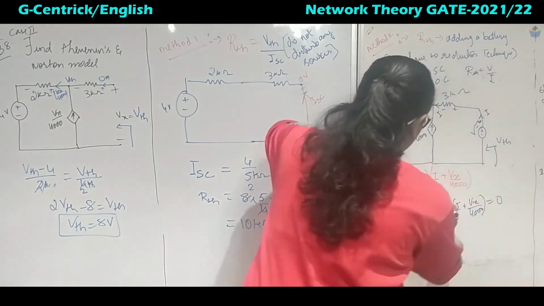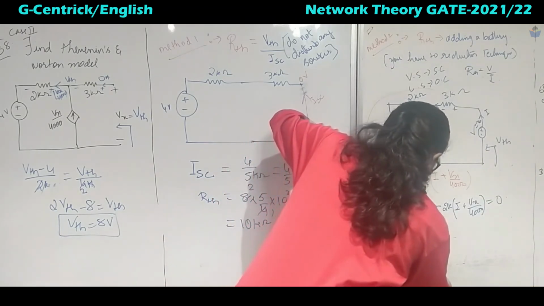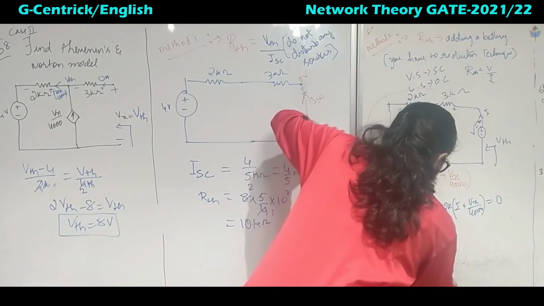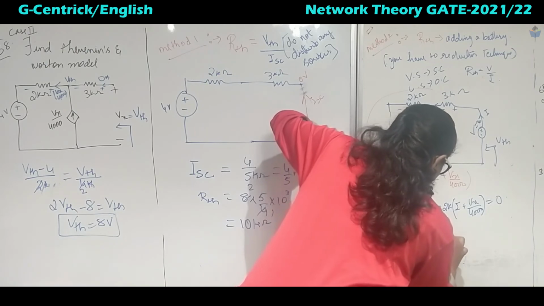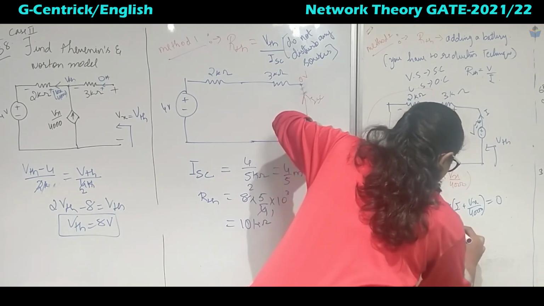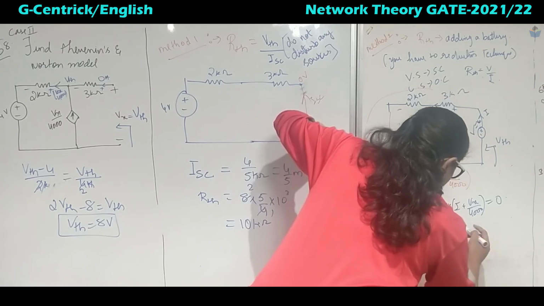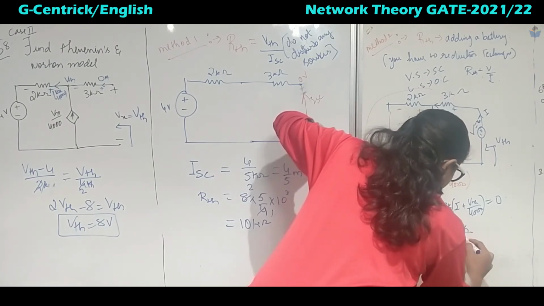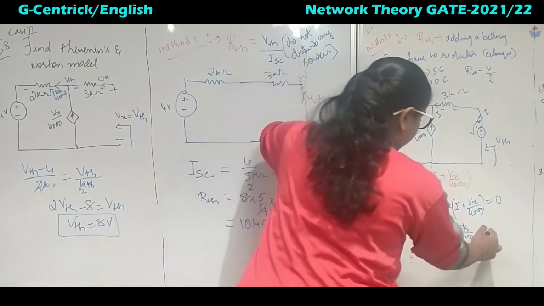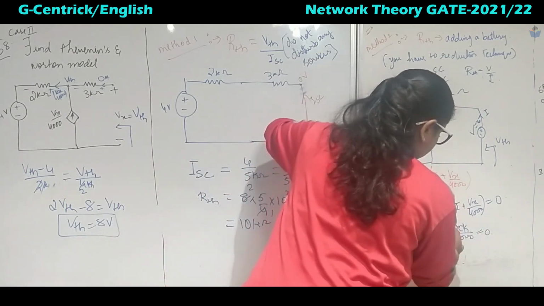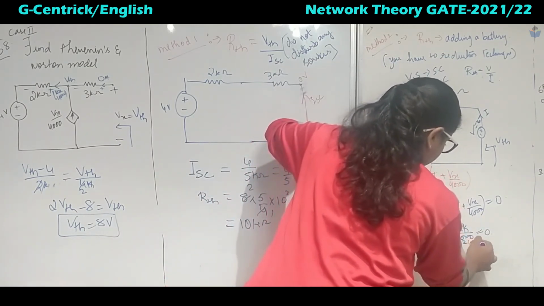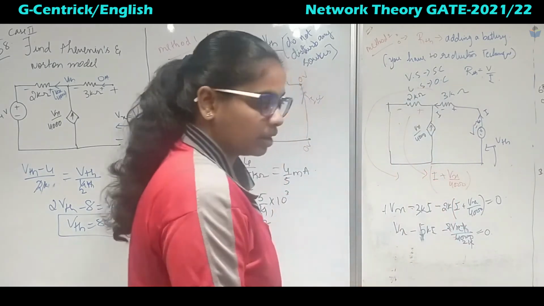So now simplify this one. You will get Vx minus 5kI, I am directly multiplying this, then you will get minus 2Vx, the k is also there because of 2 kilo ohm, divided by 4000, which is equal to 0. The 2k and the 2k get cancelled.